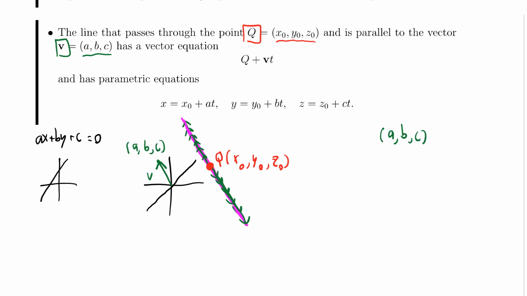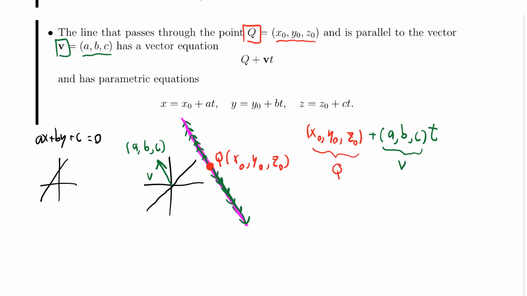I multiply this by a scalar t, and I add this vector to the point Q. The coordinate for Q is going to be x0, y0, and then z0. So here, I add a multiple of my vector v to my point Q. Let me write this down. This is my vector v, and this is my point Q.